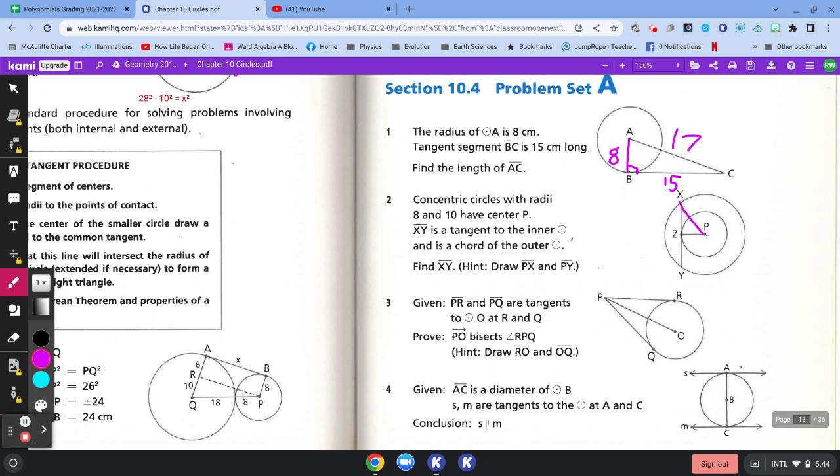You should do that and see what you can come up with from that. I'm going to assume you are pausing the video, and now you're back, and you know that those two segments are 10, and you know that this is a right angle because it's a point of tangency that we've drawn the radius to.